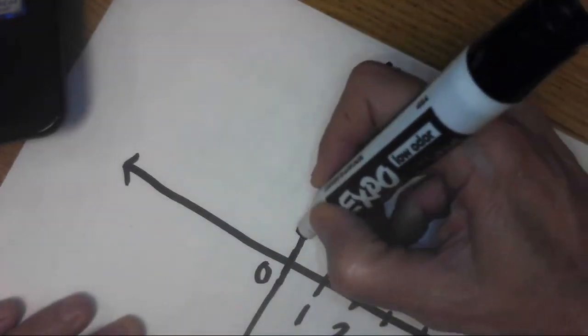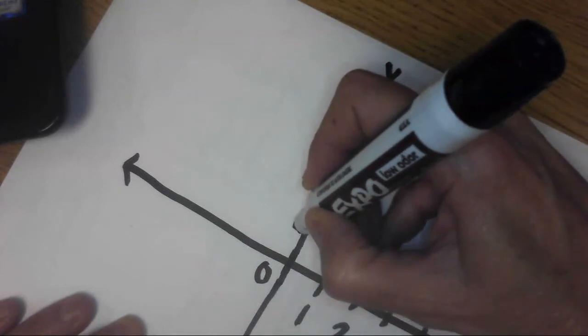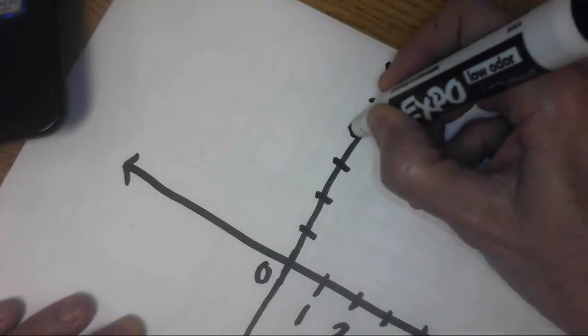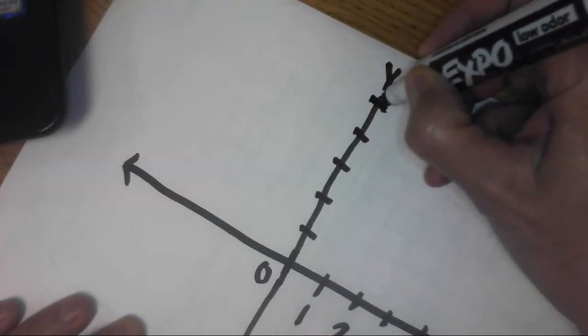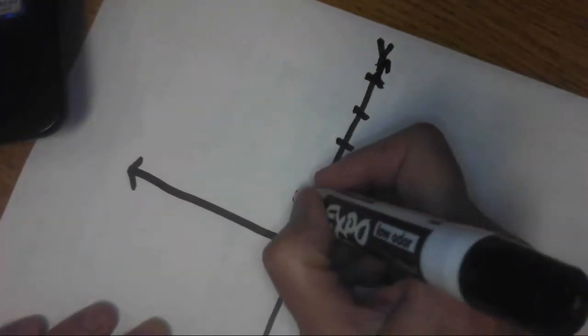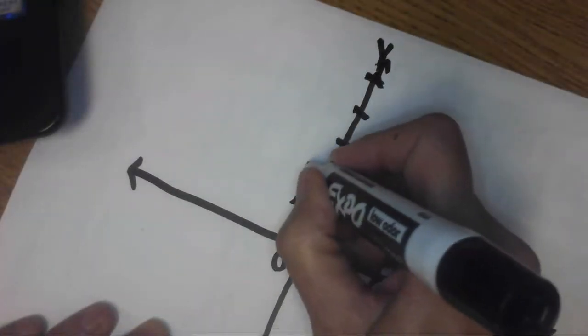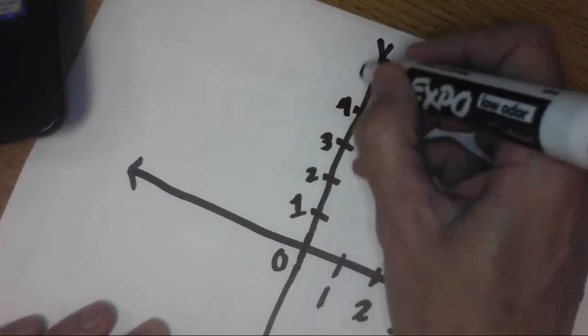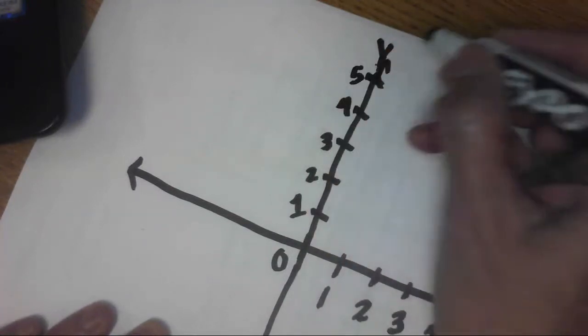So we are going to start labeling with 1, 2, 3, 4, and 5. I'm going to make this a little longer. Okay, so here's 1, 2, 3, 4, and 5.